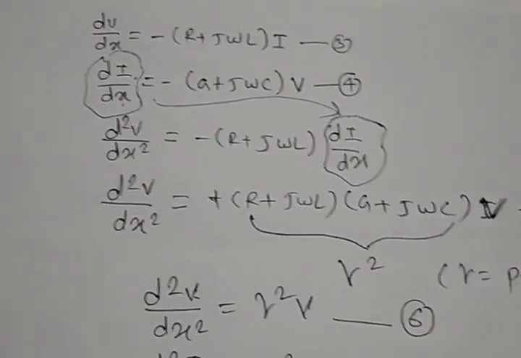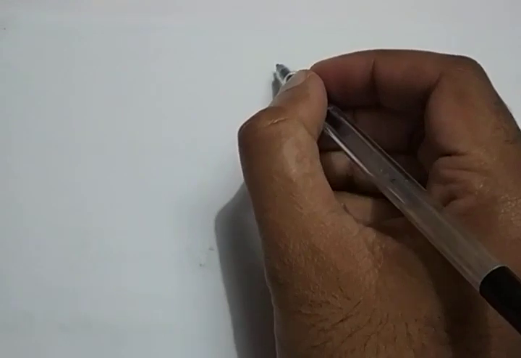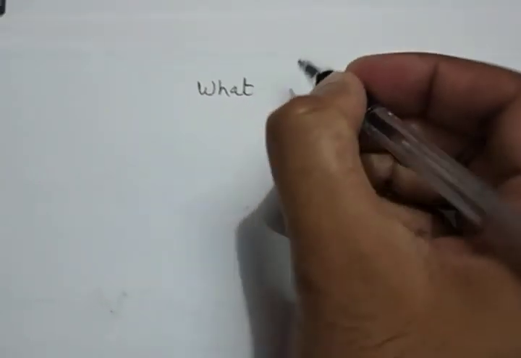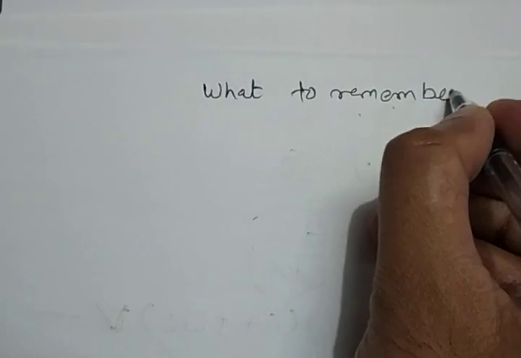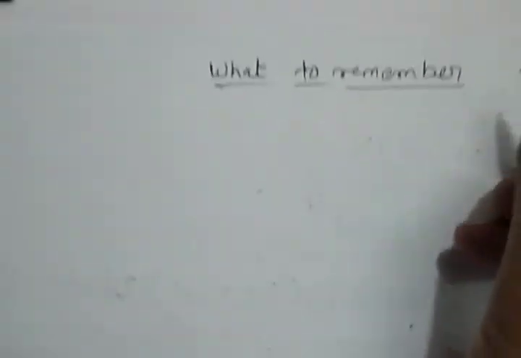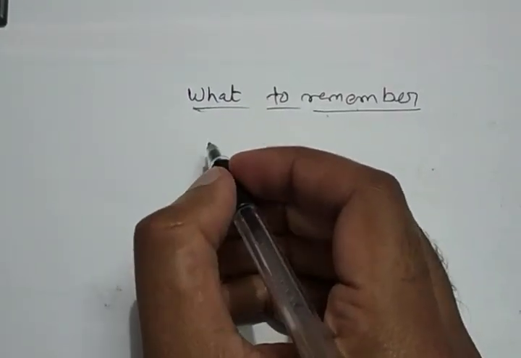Now further we will correlate them, but before that we have to recall a few expressions from the wave, and then we will relate them with the voltages. We will revise a few terms which are required in our discussions in this chapter.